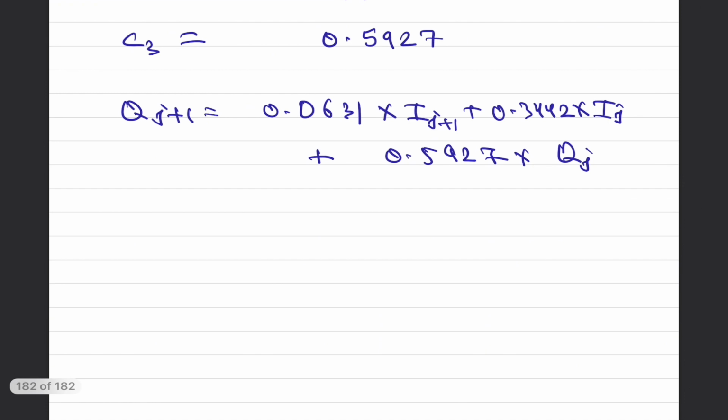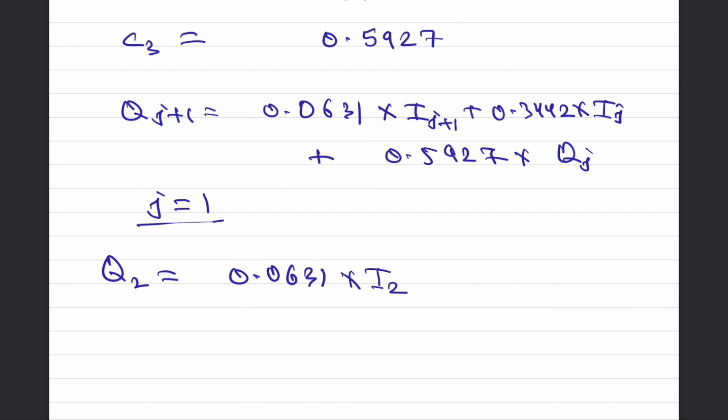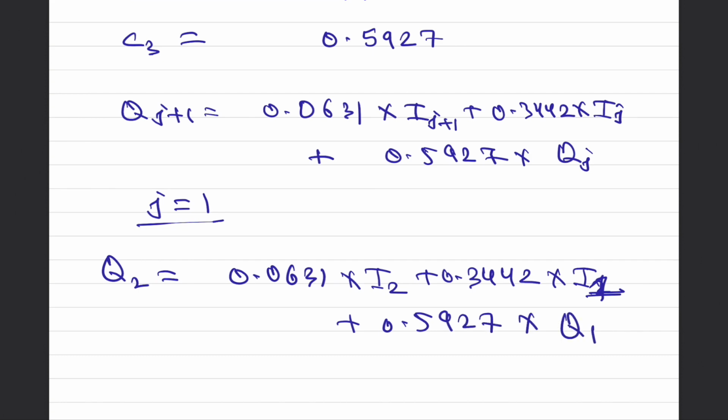When j equal to 1, we can determine Q2 as 0.0631 into I2 plus 0.3442 into I1 plus 0.5927 into Q1.